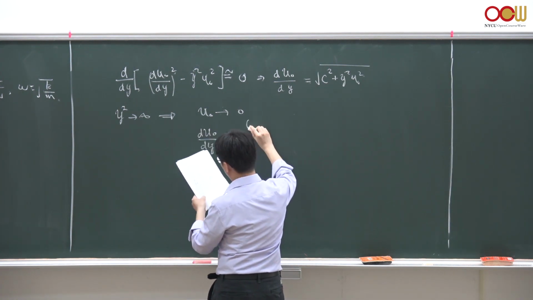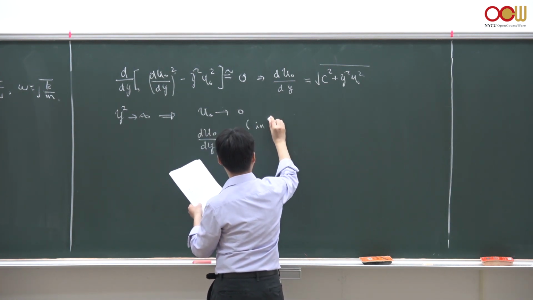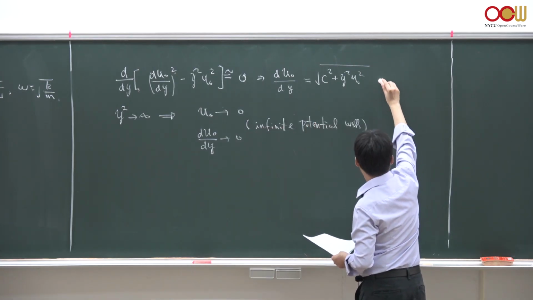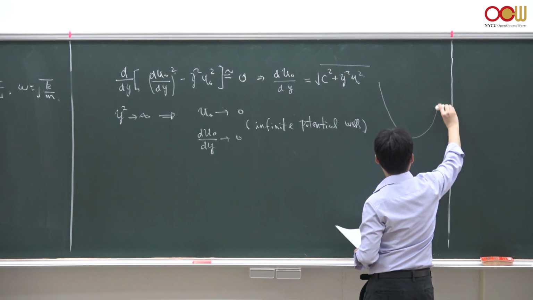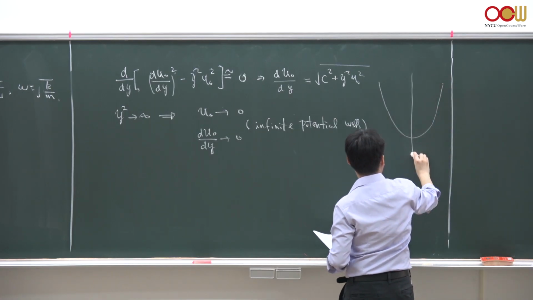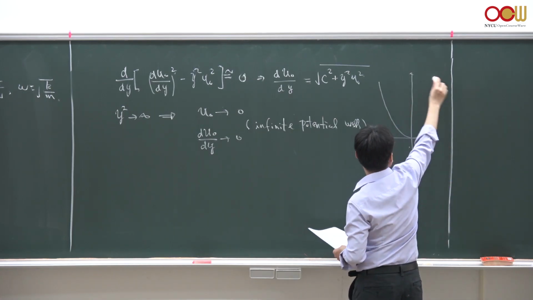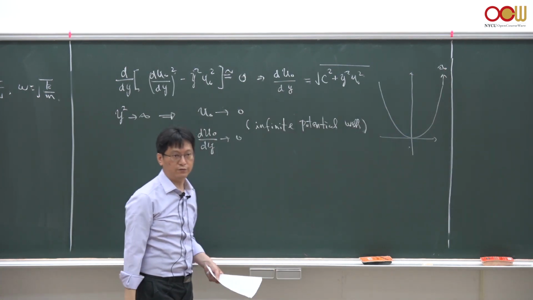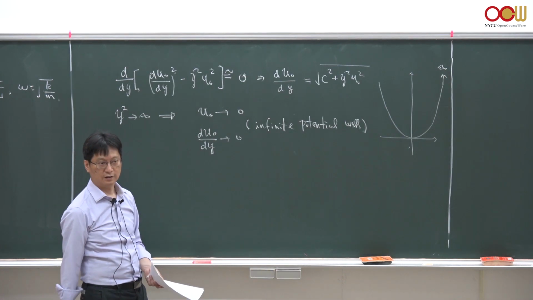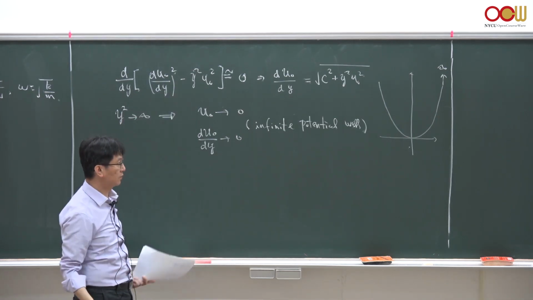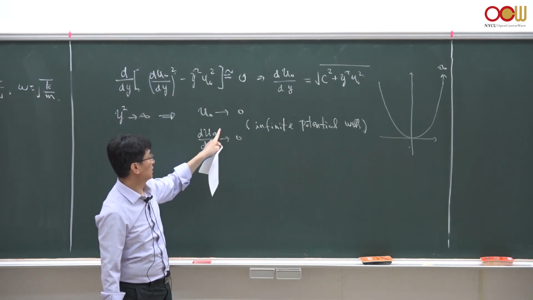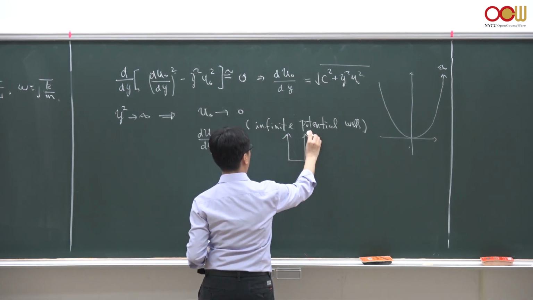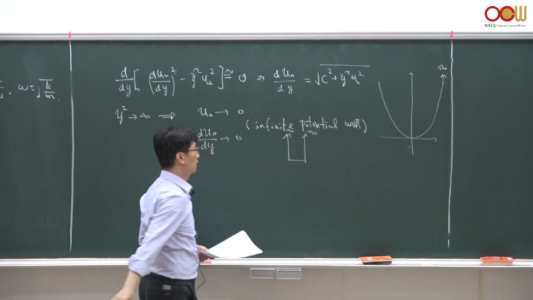and which corresponds to this infinite potential well problem. So remember, when x goes to infinity or y goes to infinity, the height of the potential well goes to infinity. And so in that limit, this problem is almost the same as the infinite potential well problem that we already discussed.